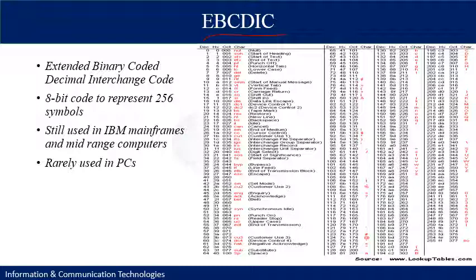So as you can see, you have representation from 0 to 255 for different kinds of special symbols and letters, punctuation marks, and alphabets in small and capital letters. It is still used in IBM mainframes and mid-range computers. However, it is rarely used in personal computers.